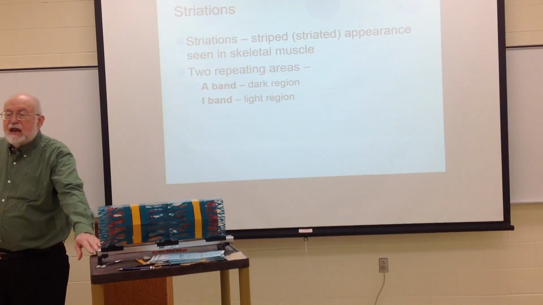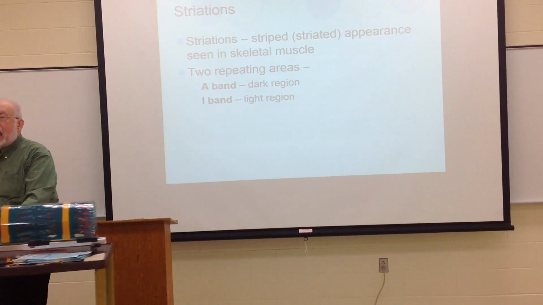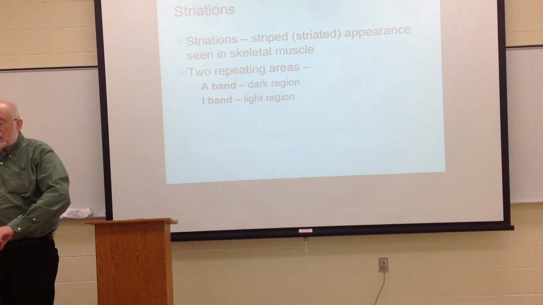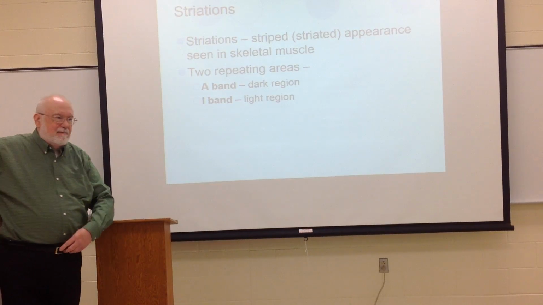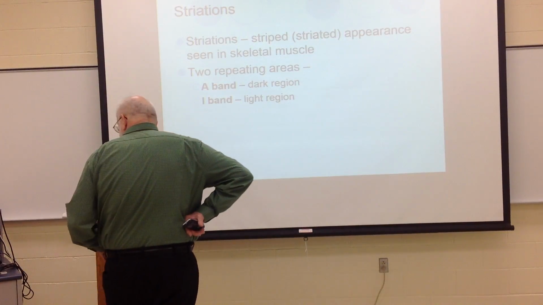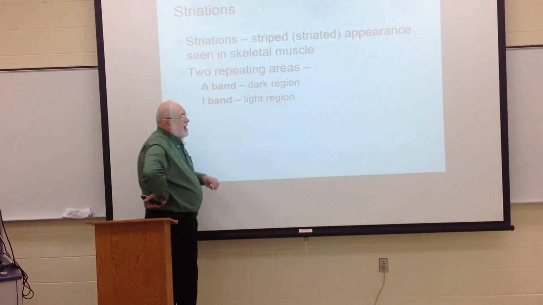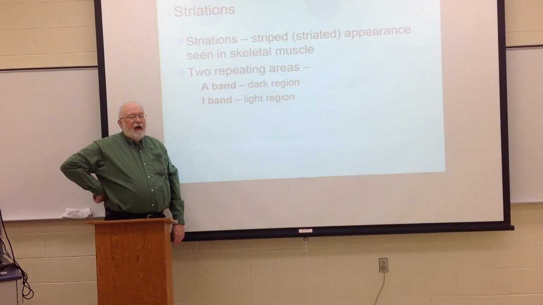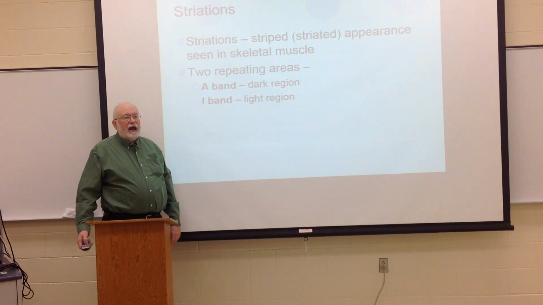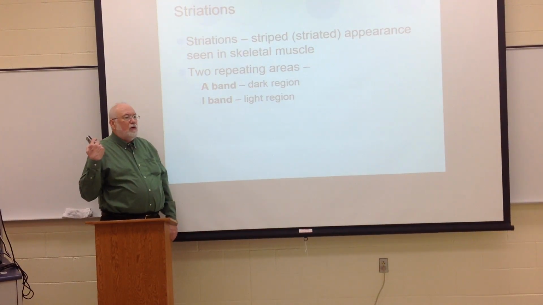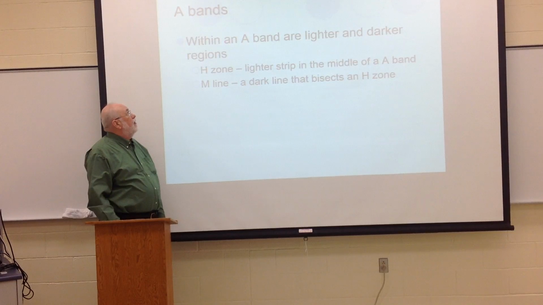The dark staining bands are called A bands. We need to remember A bands and I bands. If they're light staining, they're I bands. If they're dark staining, they're A bands. And you see these alternating light and dark areas when you look at a skeletal muscle cell.